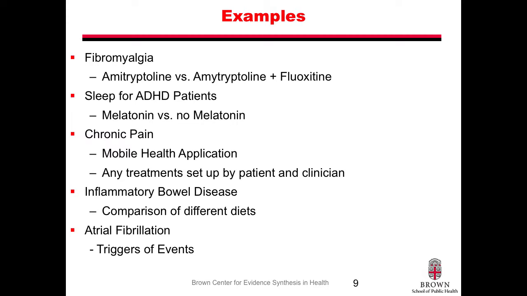And then the other one is in atrial fibrillation. We're studying what triggers people's atrial fibrillation. The use of the N of 1 is to figure out, for example, let's say you suspect that alcohol triggers it. You might experiment with having alcohol and not having alcohol as your two treatments, and see whether it triggers your disease.